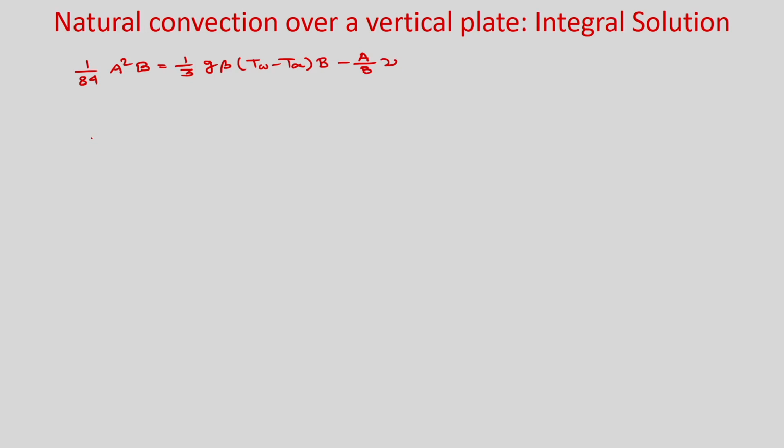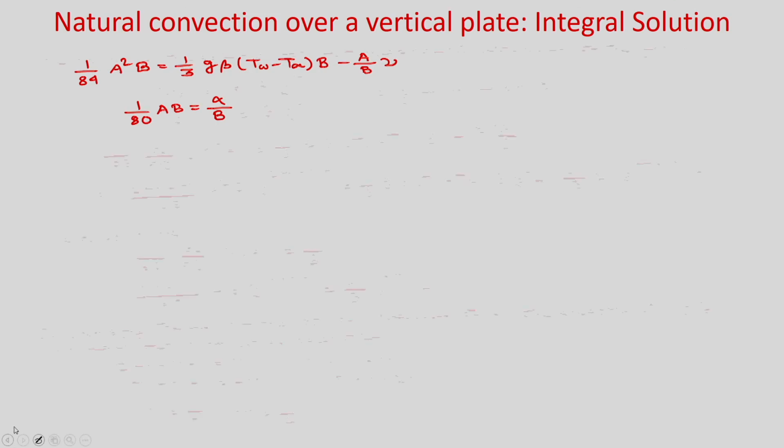That is one equation, and another equation you will get is 1 by 80 a b is equal to alpha by b.